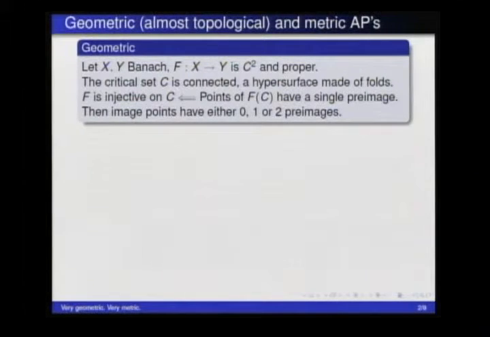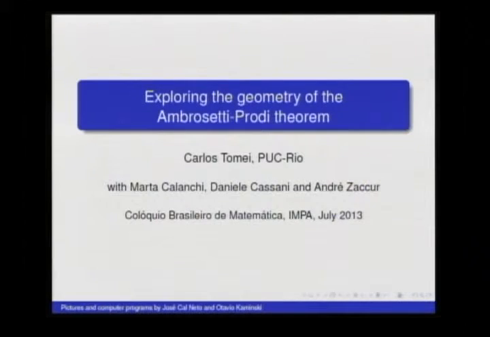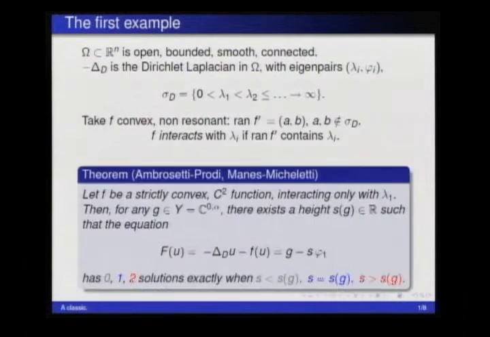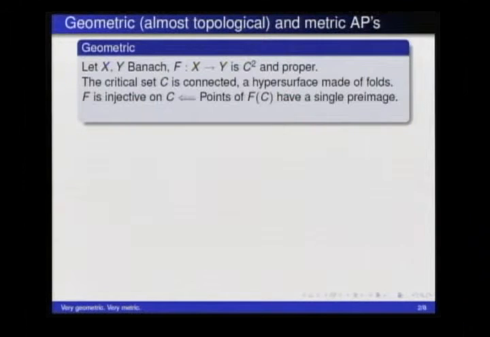Notice that there's no reference whatsoever to a Laplacian, for example. You have a function between Banach spaces. Actually, the original version used Holder spaces here, right? C2 alpha, C0 alpha.